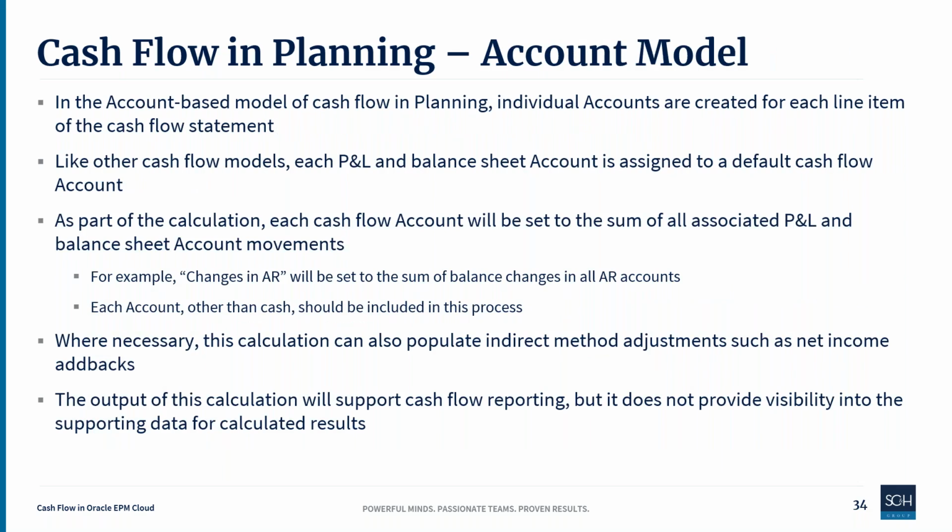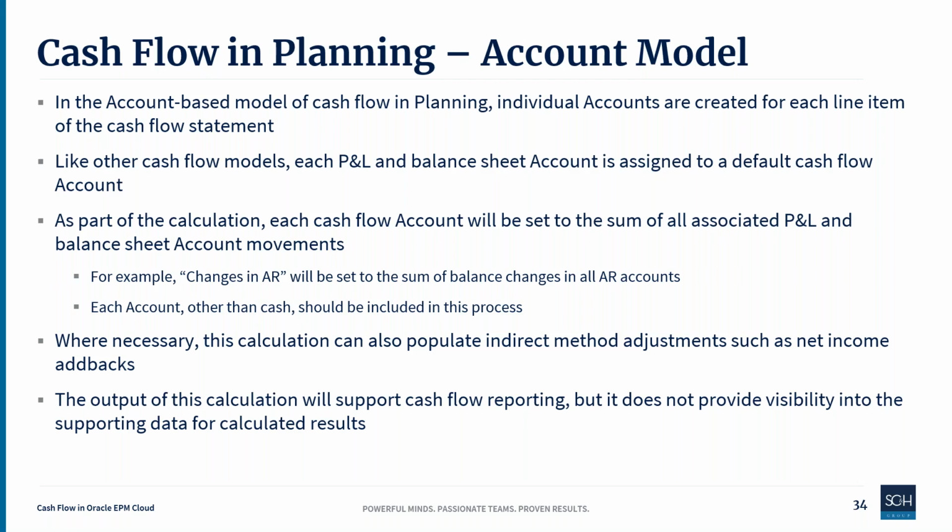For our account model, individual accounts are created for each cash flow line item, similar to the movement lines in FCC. Each P&L and balance sheet account is assigned to a cash flow account. Same way everything needs to be a movement in FCC, it needs to show up in a cash flow account in planning.